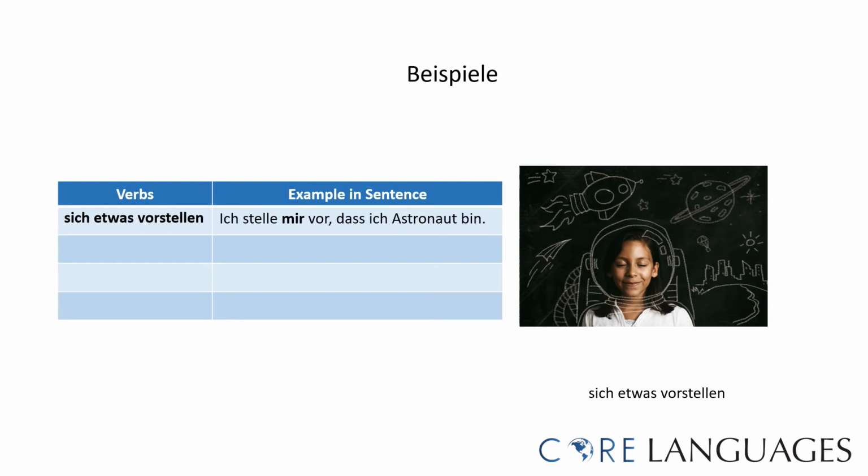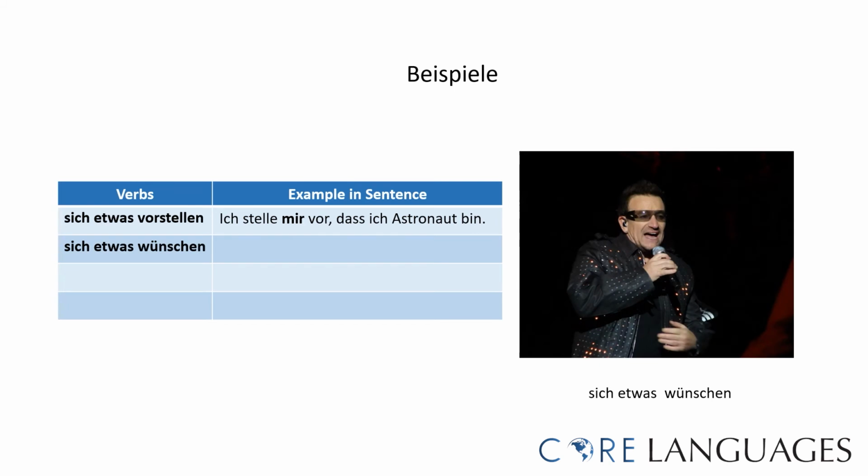I'm imagining to myself that I am an astronaut. Sich etwas wünschen, to wish something for oneself. Du wünschst dir Berühmtheit. You wish for yourself fame, or you wish fame for yourself.